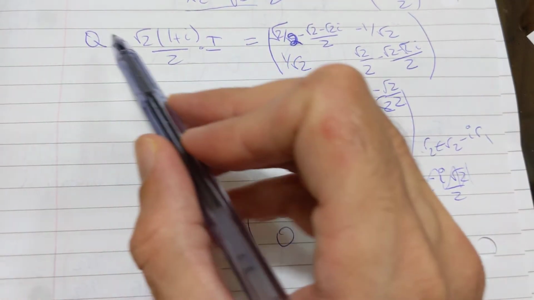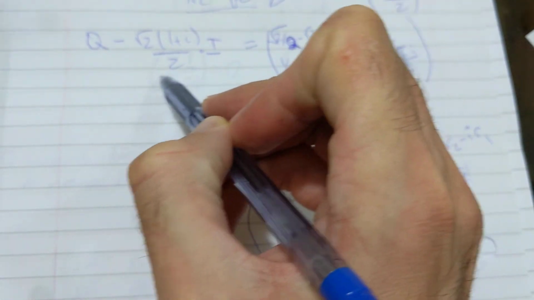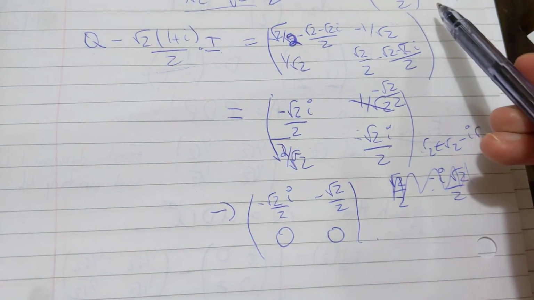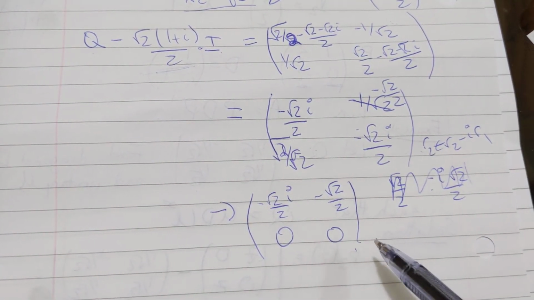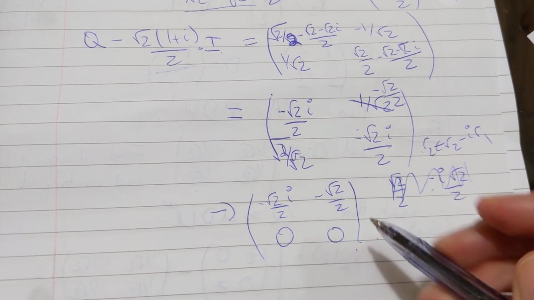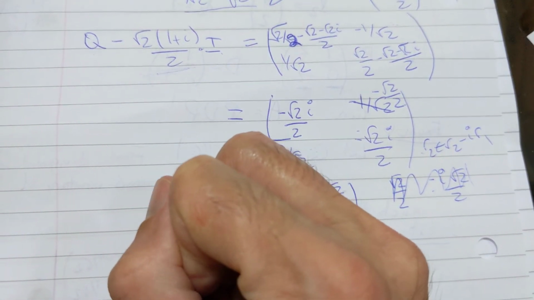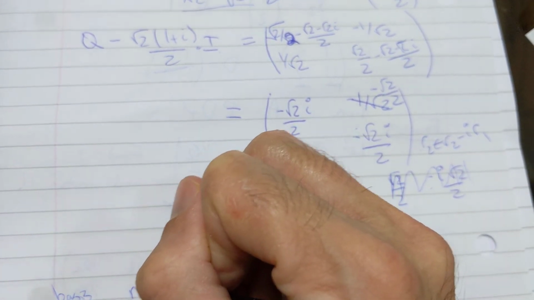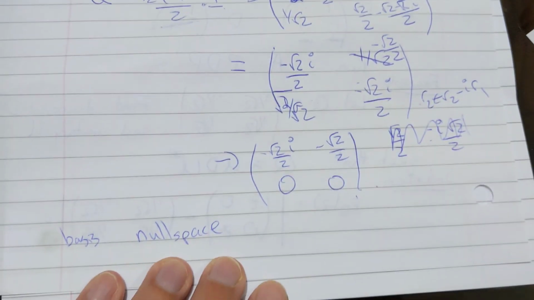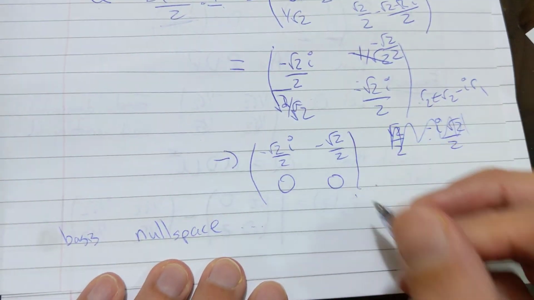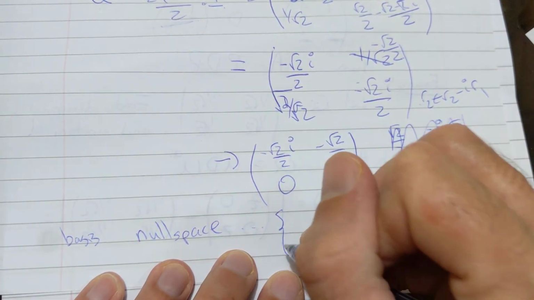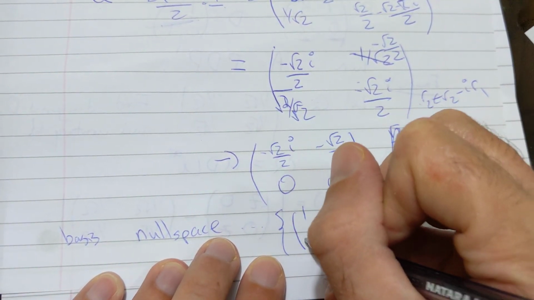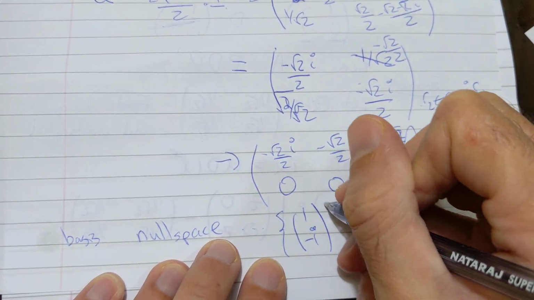All we do is take our first choice of eigenvalue, compute Q minus the eigenvalue times I, and row reduce, and we end up with this. A basis for the null space of this matrix is just 1, minus i.